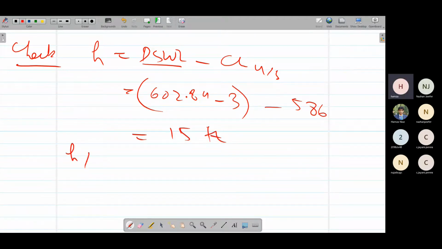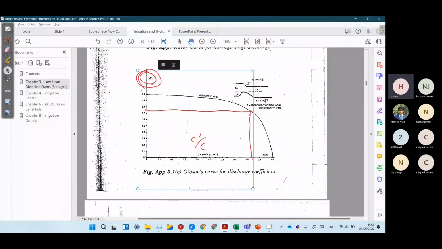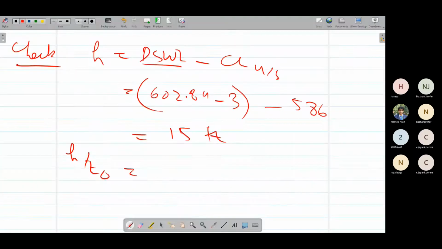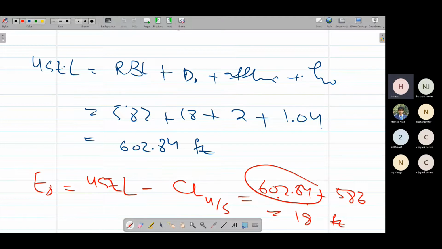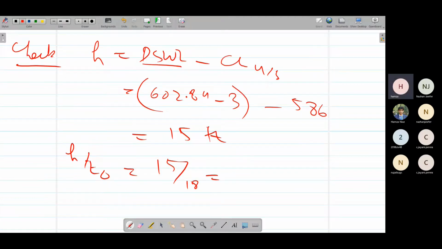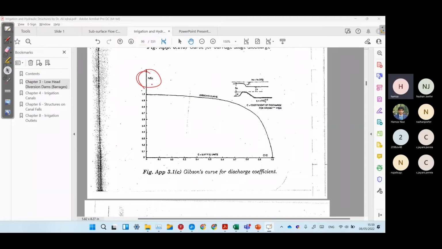Now again the same portion, H over E naught, we have to calculate. This is called modular ratio, H over E naught. So H we have 15 and E naught we have 18 feet. So simply divide them, we'll get this H over E naught value, that is 0.83. Now go to this graph.